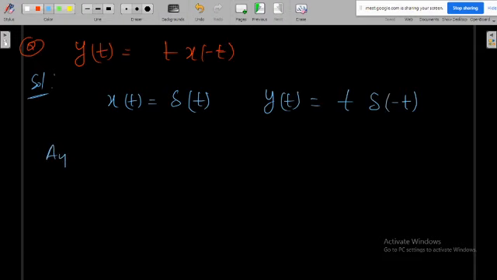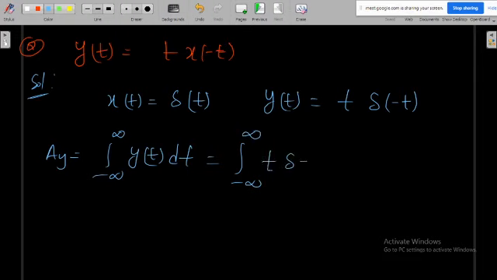Then find the area under the output signal: the integral from minus infinity to plus infinity of y of t dt, which is t into delta of minus t dt.